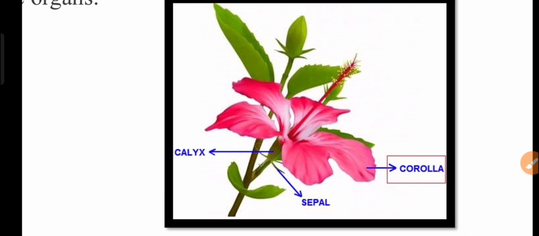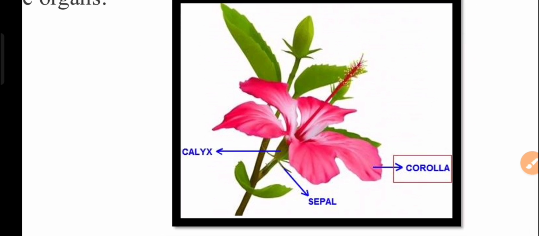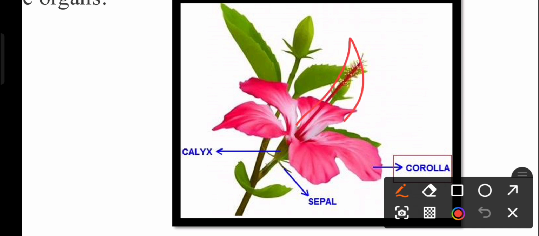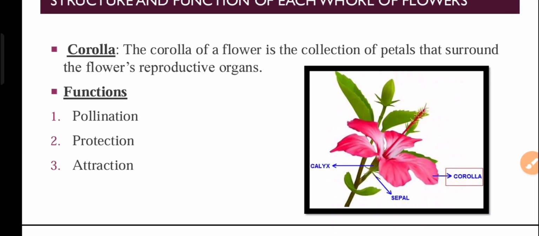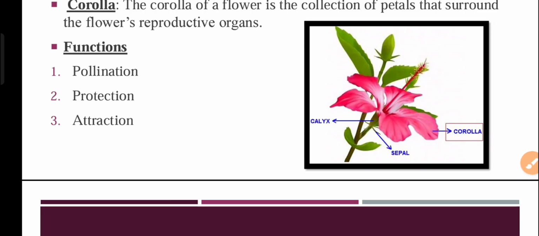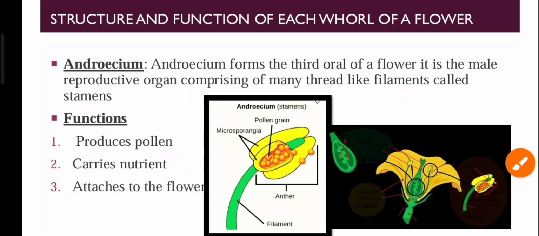The corolla protects the flower's reproductive organs, the gynoecium and androecium. It protects the reproductive organs from damage and adverse weather. Understand? This is all about the function of the corolla.